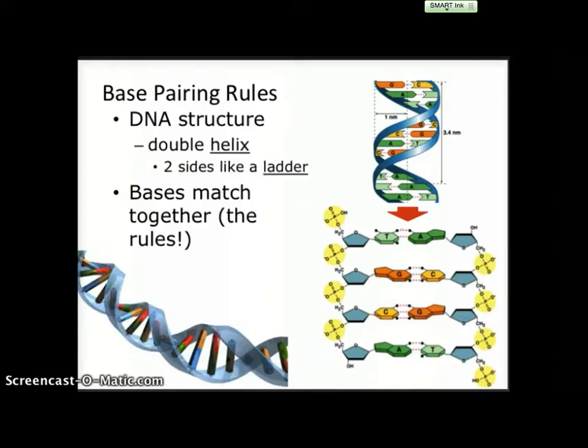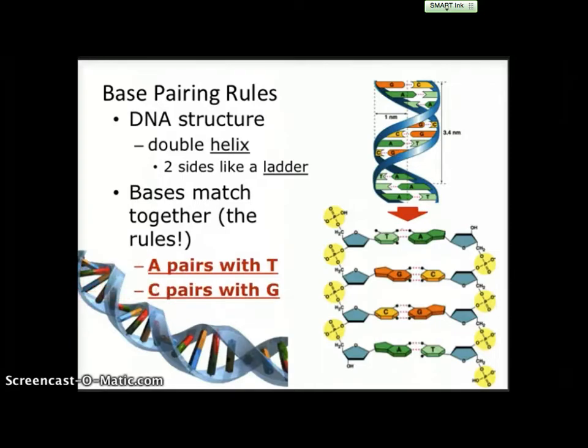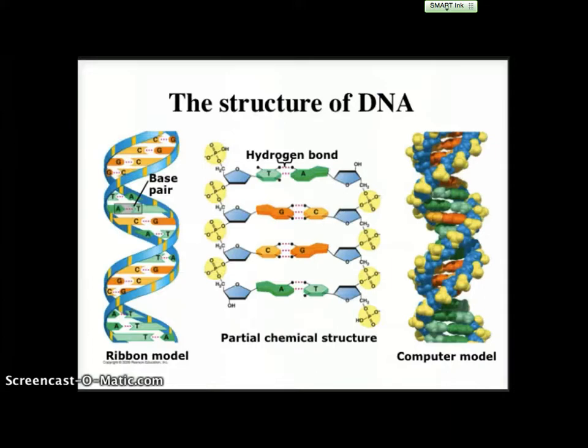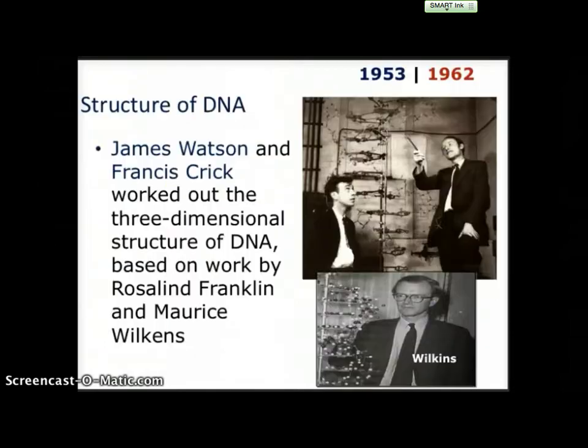And it's kind of like a ladder. A pairs with T, and C pairs with G. So the structure of DNA, again, the 2 different sides are actually held together with a special type of bond called hydrogen bonding. We can see different ways that the DNA molecule is drawn, but they're all the same basic drawing.